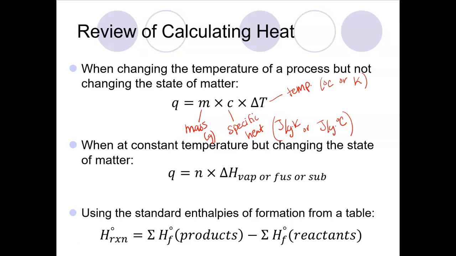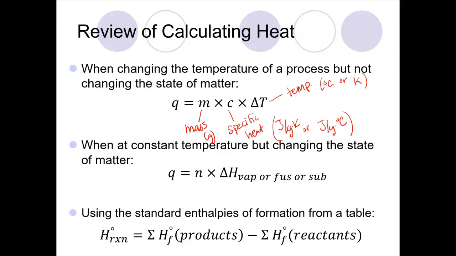So we use that equation when we're heating something up or cooling something down, when it's not changing the state of matter. Like I take liquid water and heat it up, or cool it down. Once I take liquid water and try to turn it into gaseous water, that equation doesn't work.